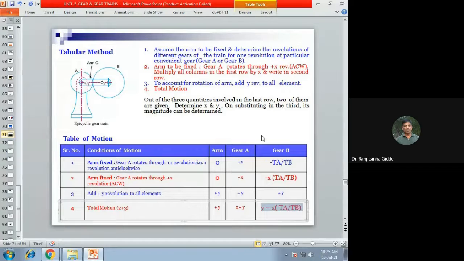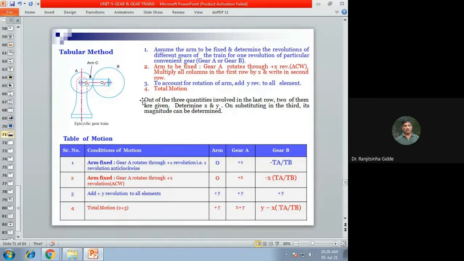Okay. Now suppose out of these three quantities, finally we have got three values: plus y, x plus y, y minus x inside the bracket TA upon TB. These three quantities we finally got. Out of these three quantities, if two quantities are given, so out of three quantities involved in the last row, two of them are given, then we can determine the value of x and y, and finally you are going to get the speed of that particular third element, right?